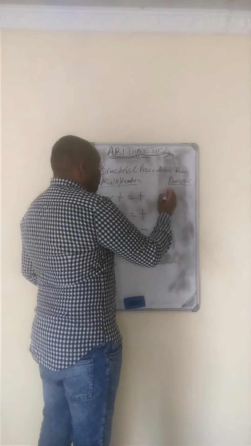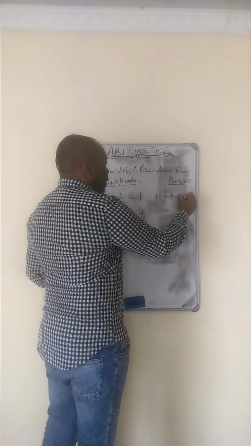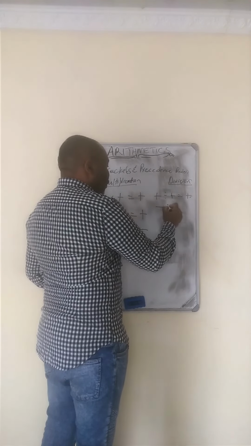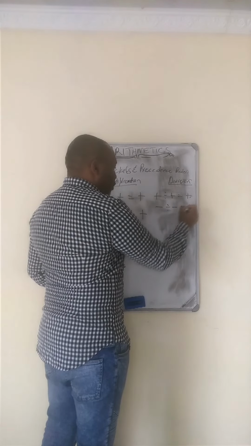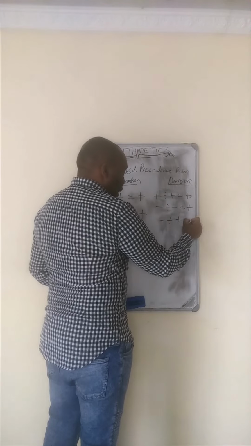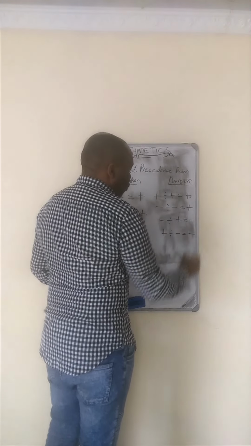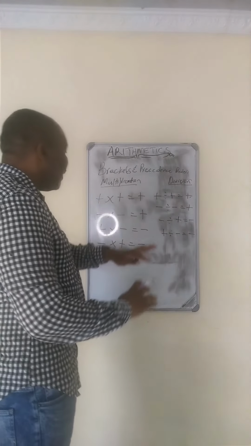Same thing with division. A plus divided by a plus is a plus. A minus divided by a minus is equal to a plus. Minus divided by a plus is equal to a minus, and a plus divided by a minus is equal to a minus. They're basically the same.